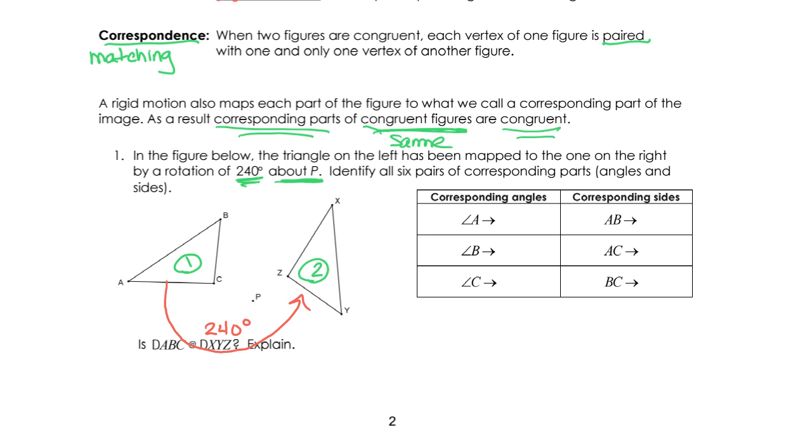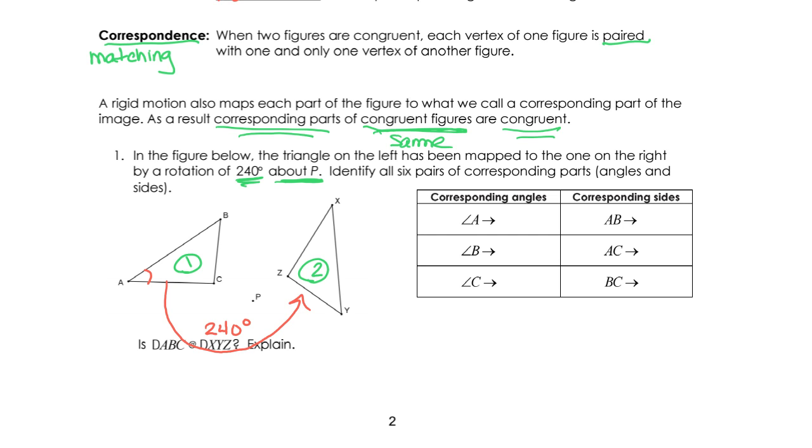All right, so it says identify all 6 pairs of corresponding parts, angles, and sides, right? 3 angles, 3 sides. So if we take a look at angle A, is going to get matched up with what angle after the rotation?